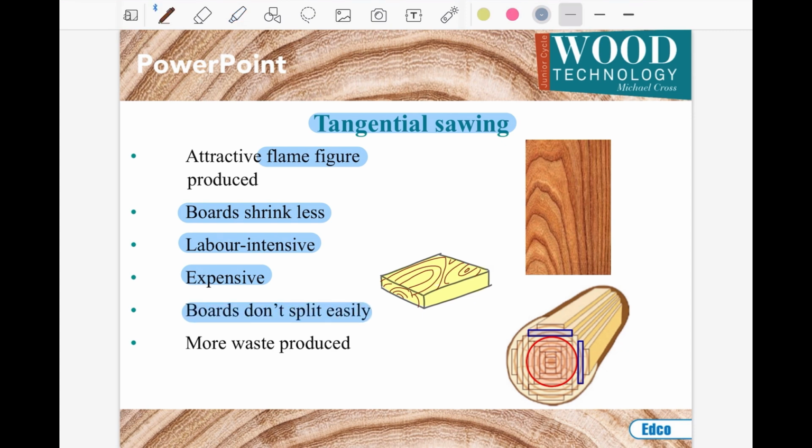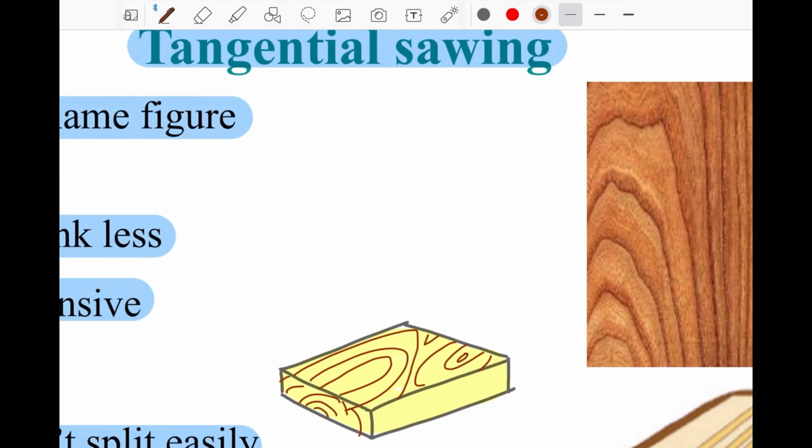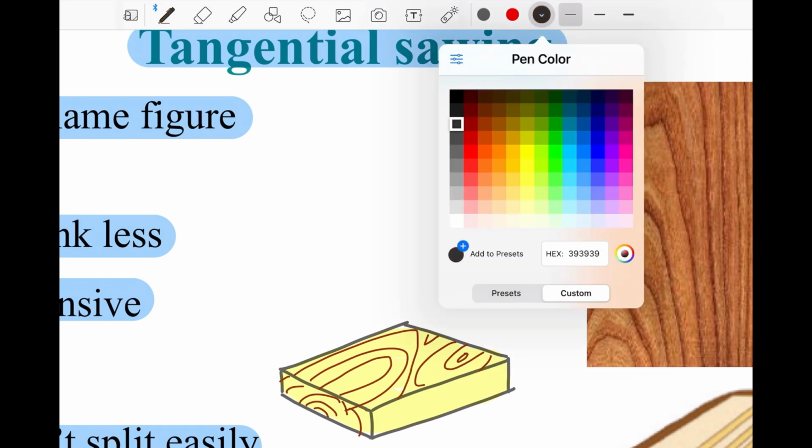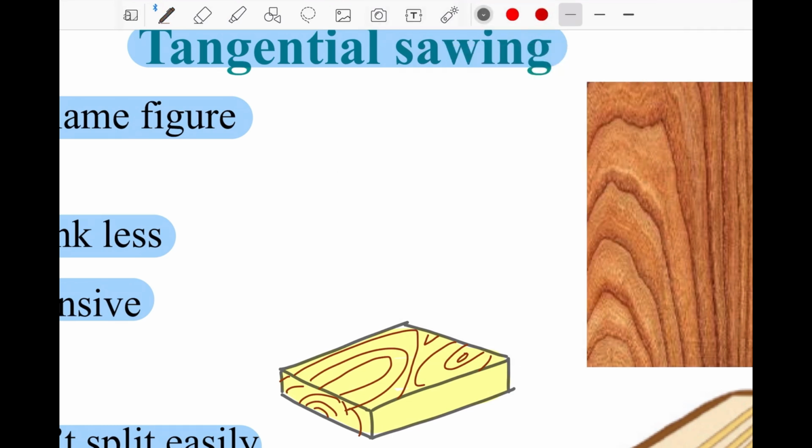Now, what do we mean when we say split? I'm going to draw a diagram. That board that I just drew there, if you dry that too quickly, so let's draw it again. So there's my board. Make it a bit longer.